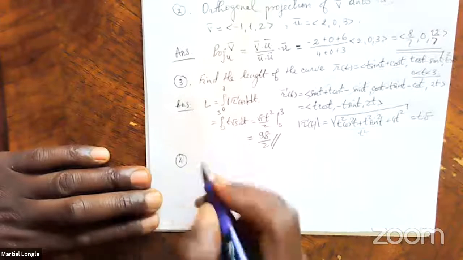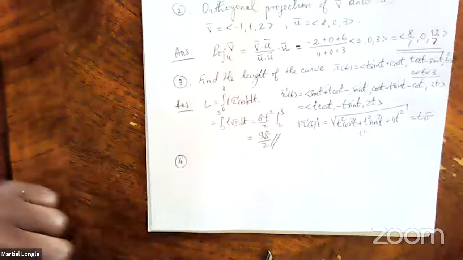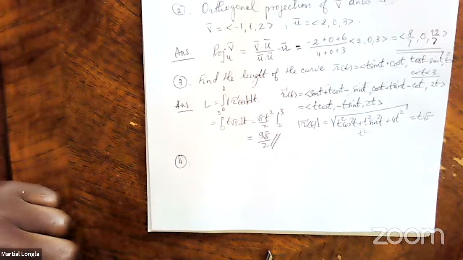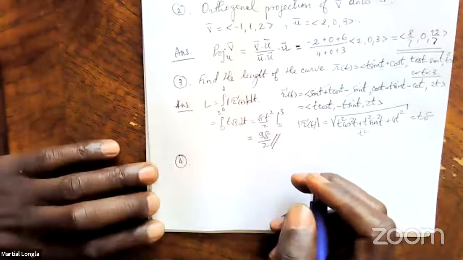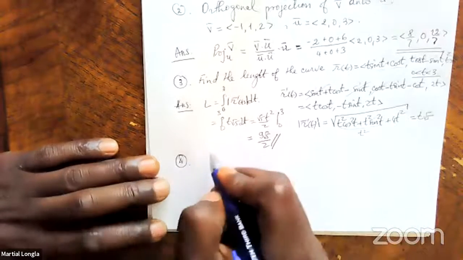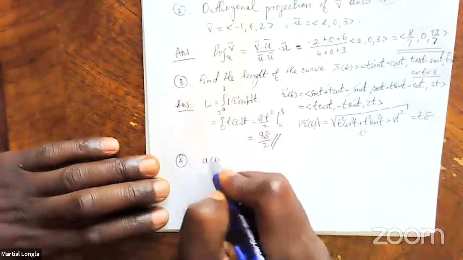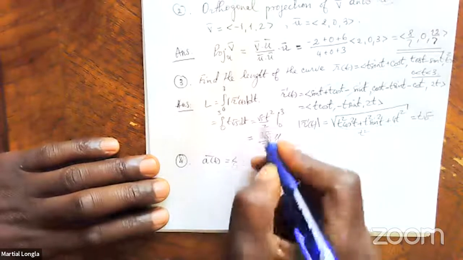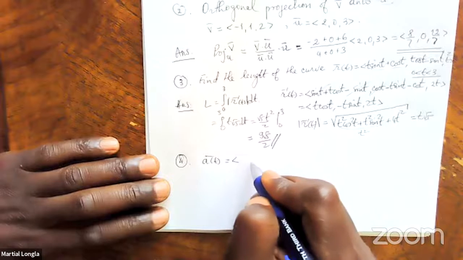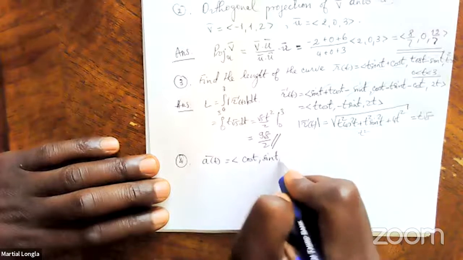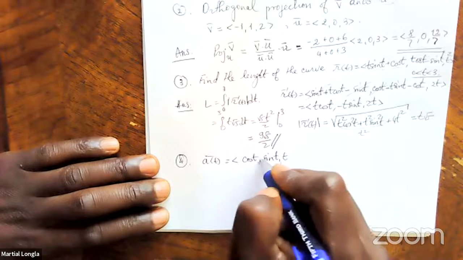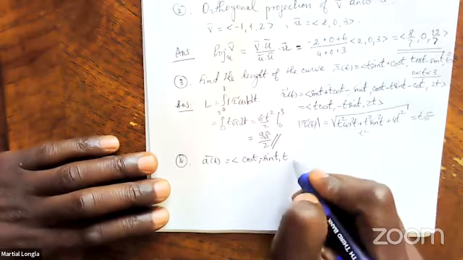In question number 4, we're asked to find the velocity given the acceleration. So a of t equals cosine t, negative sine t, and t.